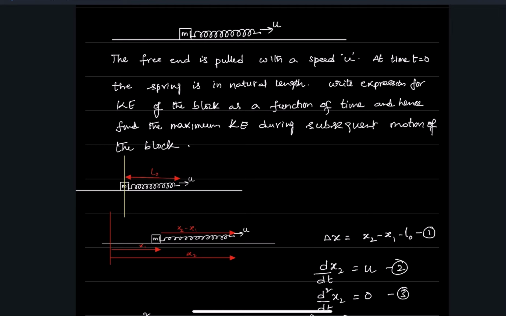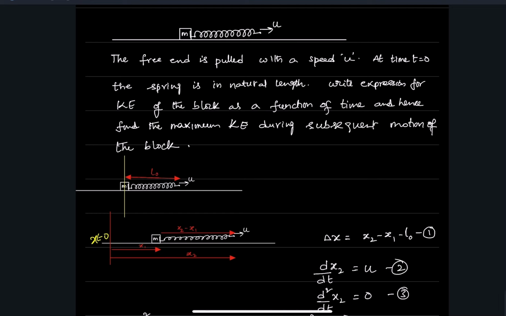Now let us fix this as the origin, x equal to 0, and at any time t, let x1 be the coordinate of mass m and x2 be the coordinate of the free end.